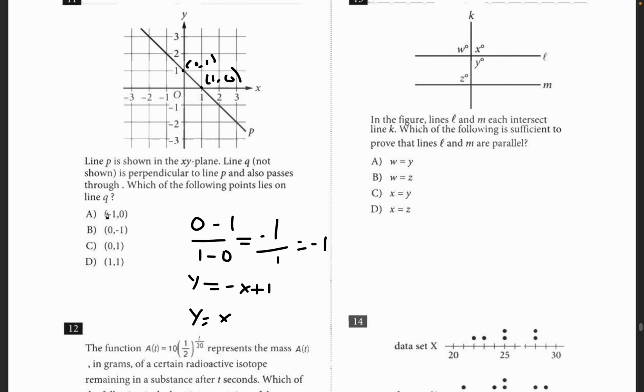Okay, negative 1, 0. So if it was 0, negative 1, right? Line Q is perpendicular to line P. It also passes through. Let's draw a sample line here.